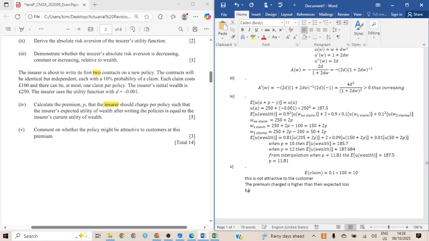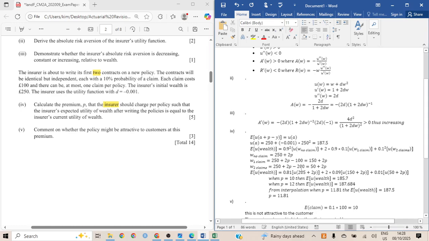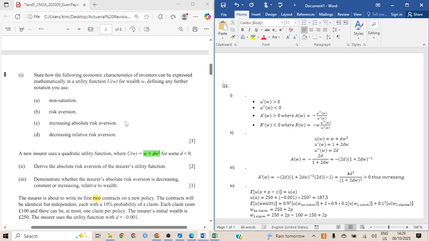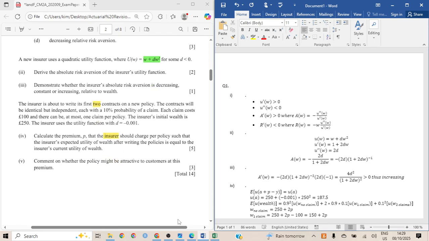Further analysis of the utility function would give better insights. And with that, we have earned our 3 marks. And with that, we have completed that first part. We have completed that first question and obtained all the 14 marks.